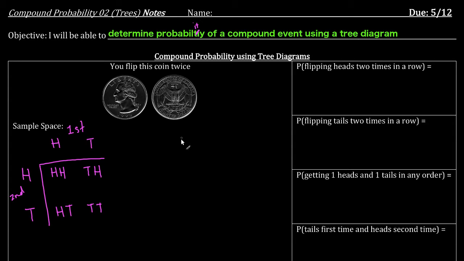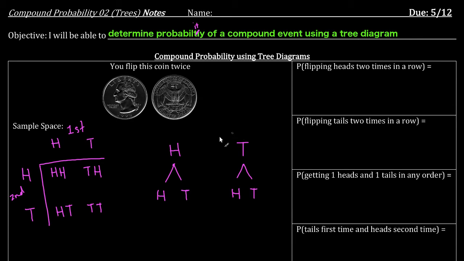And so I like to put, you can get a heads or a tails. Now, let's say you flip a heads. Well, the second time you flip it, you can get a heads or a tails. If you had gotten a tails, when you flip it, you could have gotten a heads or a tails.